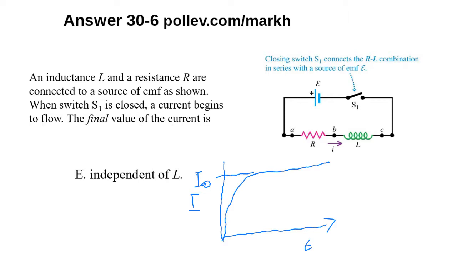If you remember, the voltage over an inductor is L di/dt. So at the final value, over a long time, di/dt is 0. So this part will tend to 0, and so the voltage tends to 0.